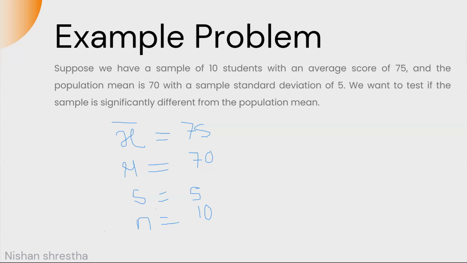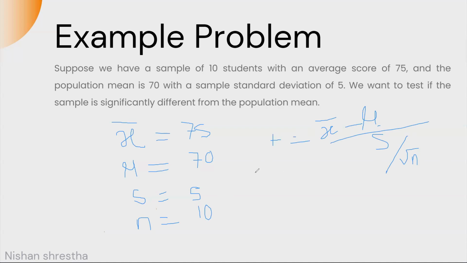So we have the formula t equals x bar minus mu divided by s by root n. First we have to calculate the standard error of the mean.